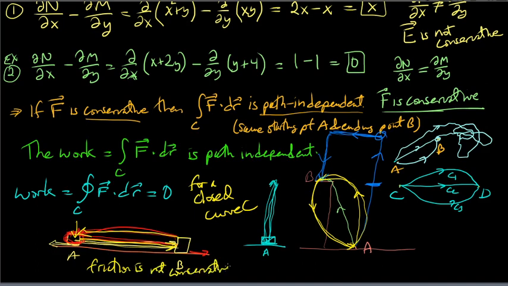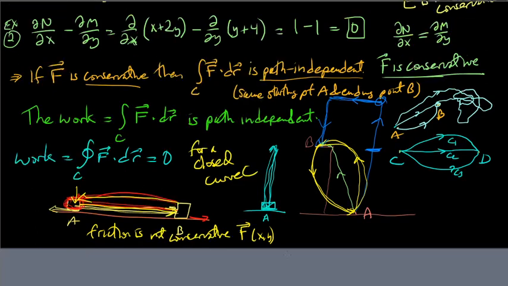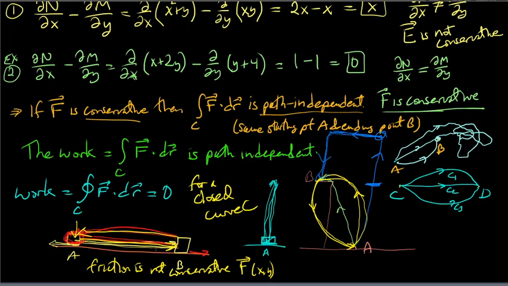In fact, you can't really express it very well as a vector field because it's not a field until you actually move something. It depends on the velocity essentially, so we won't get into that. Friction is not exactly a good example of a vector field, unlike gravity or the electric force.